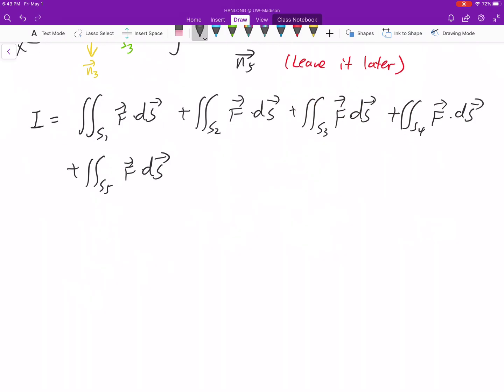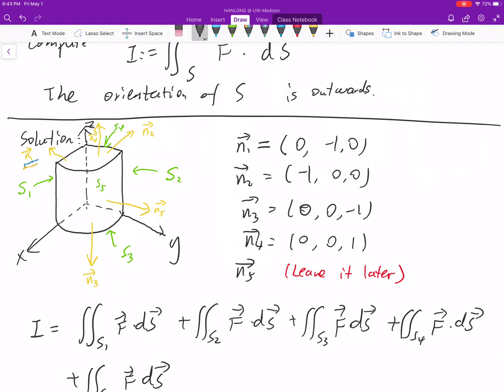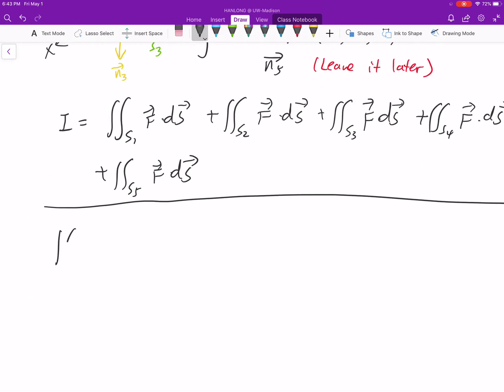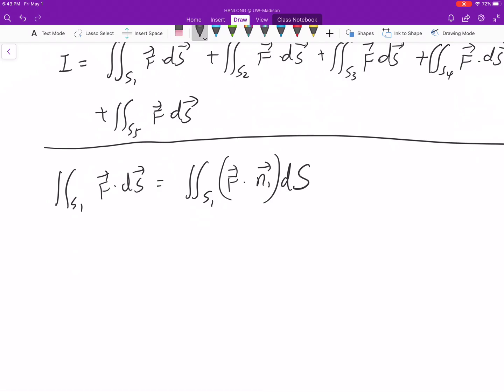So first, some are very easy because of the special form of the surface and the vector field. So for S1, what do you have? The integral over S1 of F dot dS. Remember, this is F dot N1 dS. And since your F is x, 0, 0, and your N1 is 0, -1, 0, if you do the dot product, it's 0.